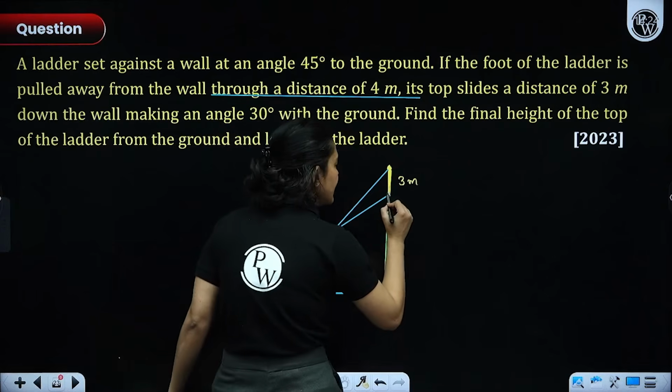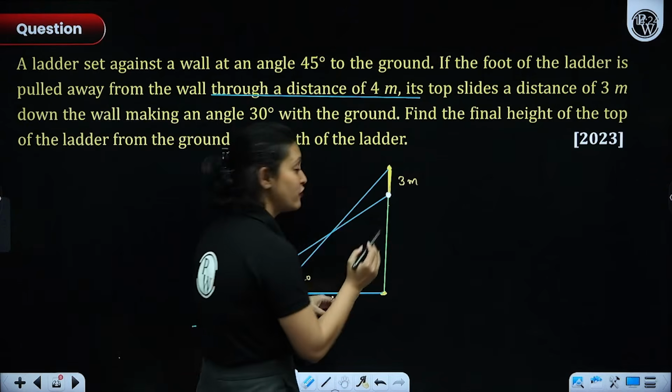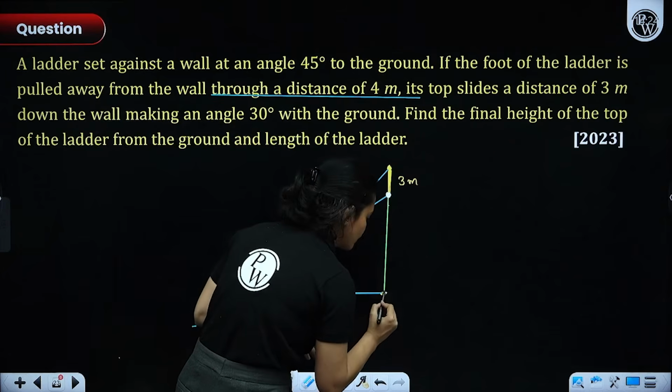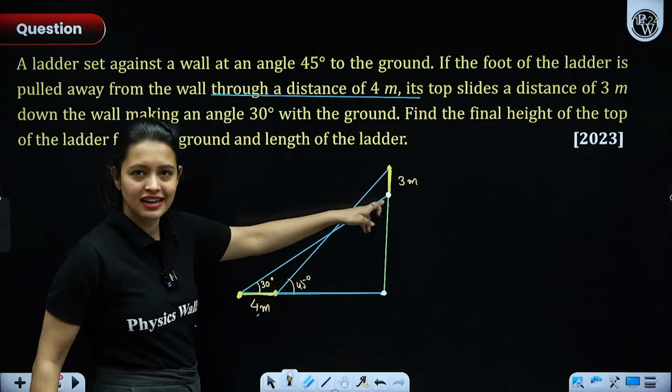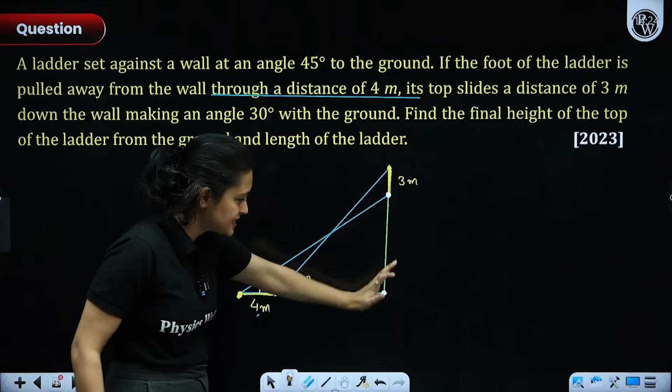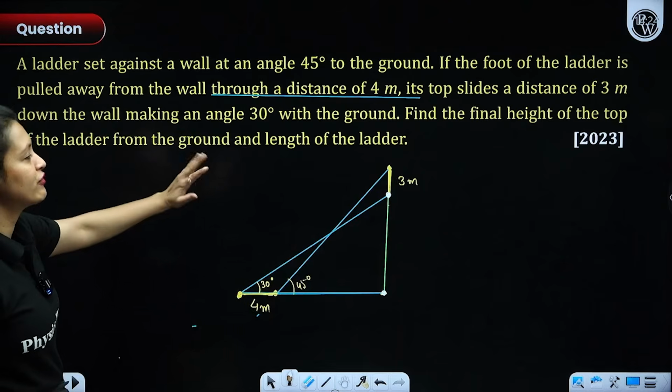So, finally, the ladder is resting at this point on the wall, right? So, we have to find the distance of this point from this point. That means, where is the ladder resting against the wall at the end? So, its distance from the foot of the wall. This is what we have to find. Okay? And we have to figure out the length of the ladder.